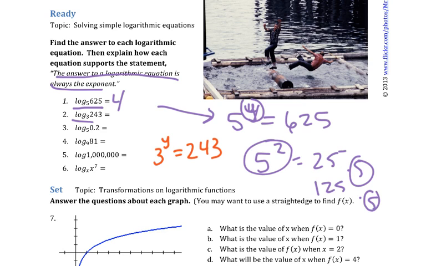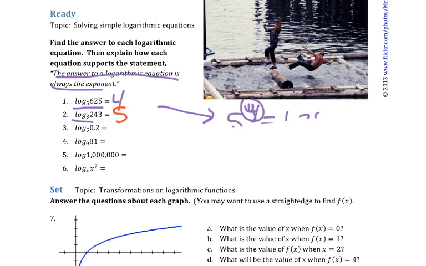Well, 3 squared is 9, to the third is 27, to the fourth is 81. 81 times 3, so to the fifth, that would give us 243. So that would be 5. Once again, the exponent of the inverse tells us the answer of the logs.